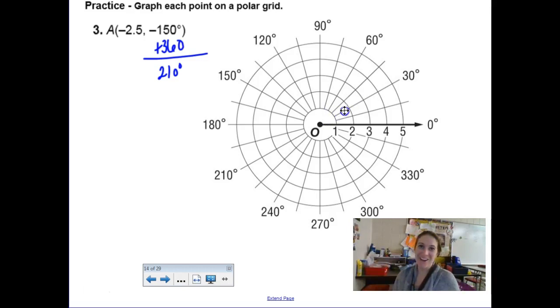Over here. 1, 2.5. That is the ordered pair that they want. How irritating, right? I feel like I just messed up something, though. We're good. I don't know.